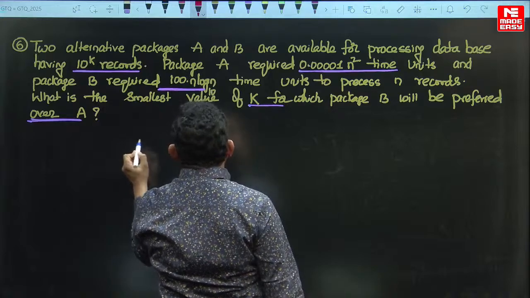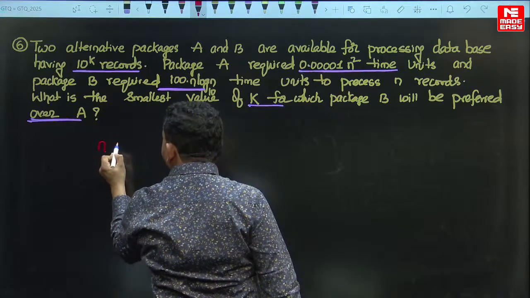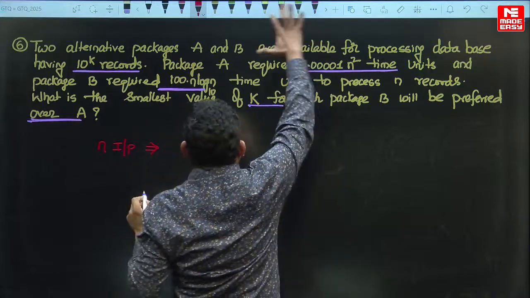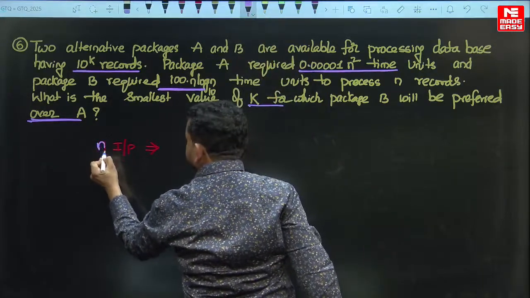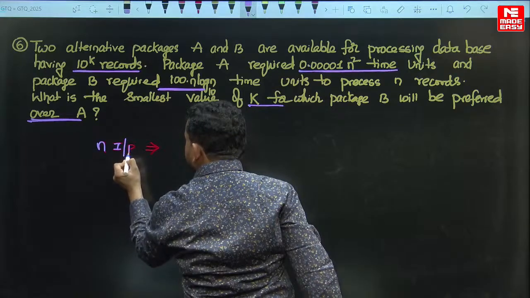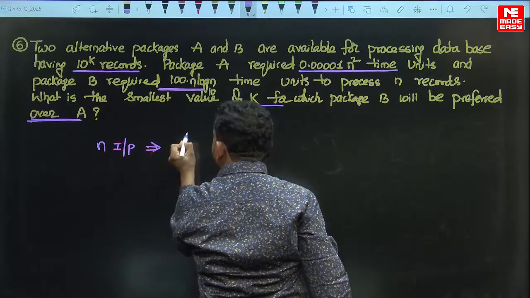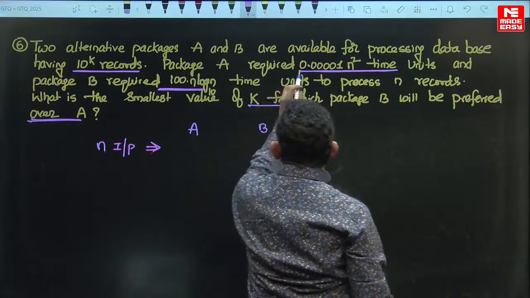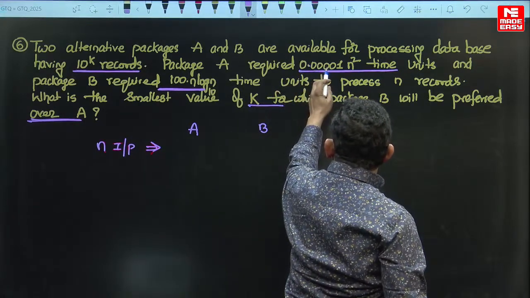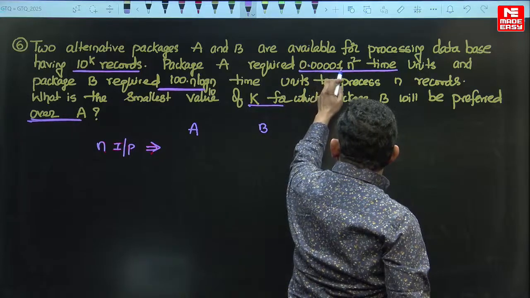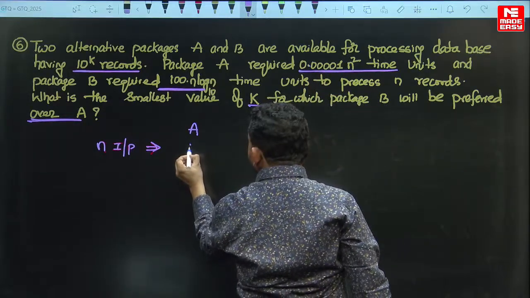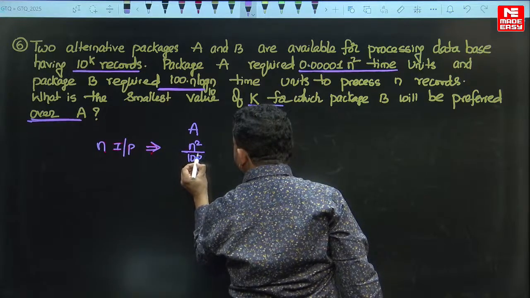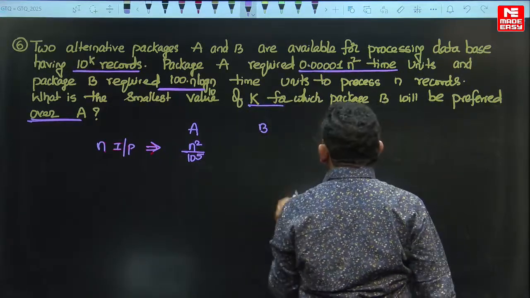So package A and package B, for input size n. Package A is 0.00001, that means n square by 10 power 5, is the processing time for an input.